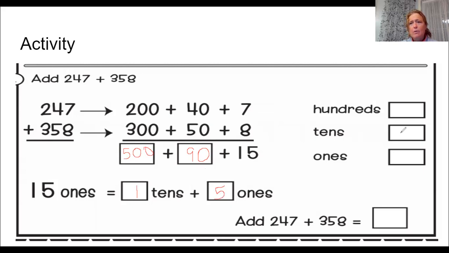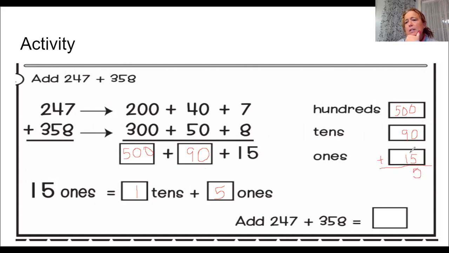Okay. So over here in our addition problem, we have 500 plus 90 plus 15, okay? And we're adding these together. And we know that we have a 5 in the ones place.